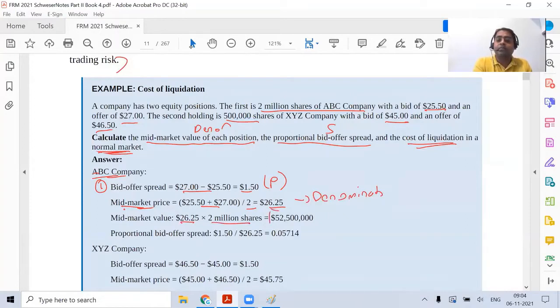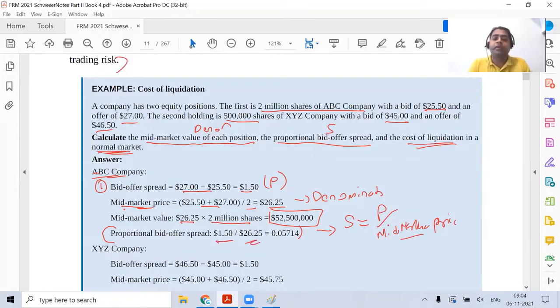The entire value over here was there in the cost of liquidating formula. The proportional bid ask spread is nothing but your S. S is basically taking the P divided by your mid market price. 1.5 divided by 26.25. This was the formula that we had seen.